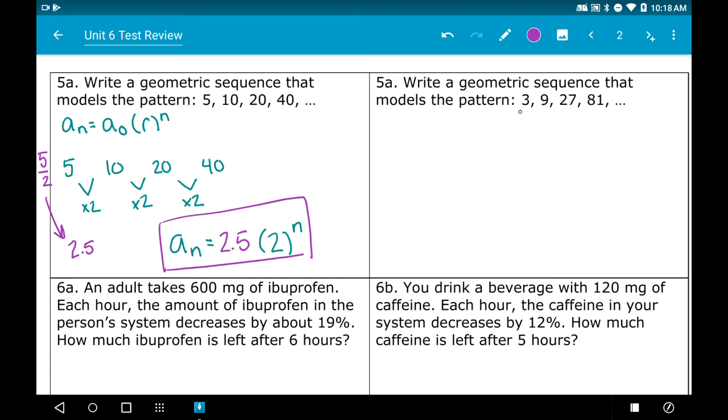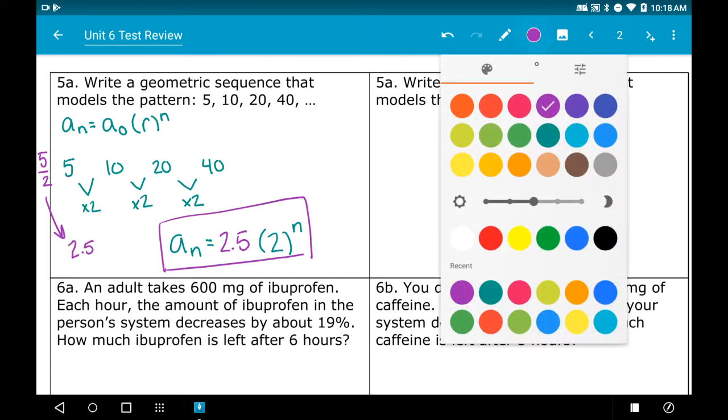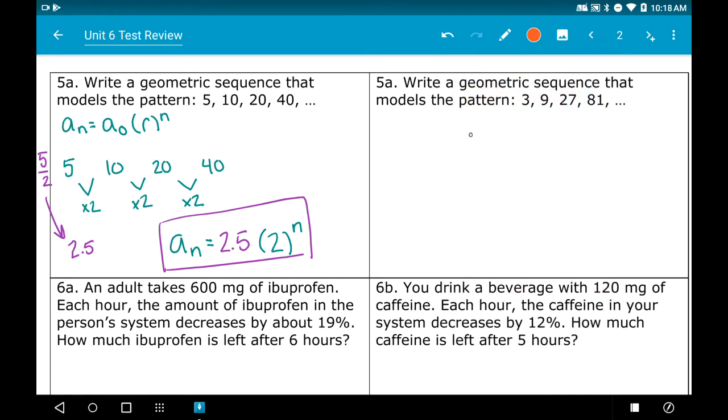Now the same thing with this one. So it's still going to be a sub n equals a sub 0 times r to the power of n. So then it's a sub n equals, we need to figure out what our r is.